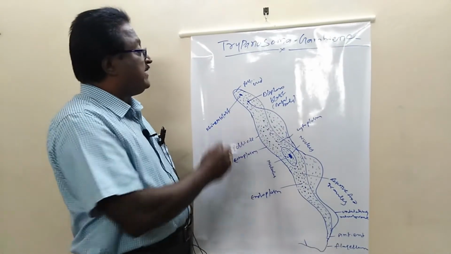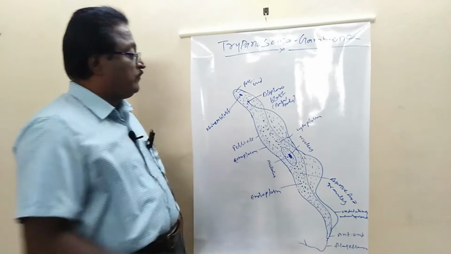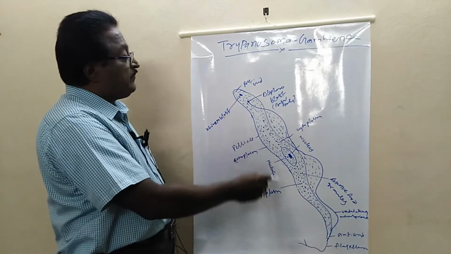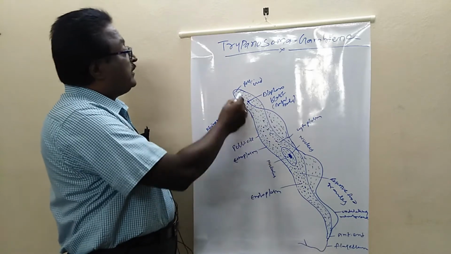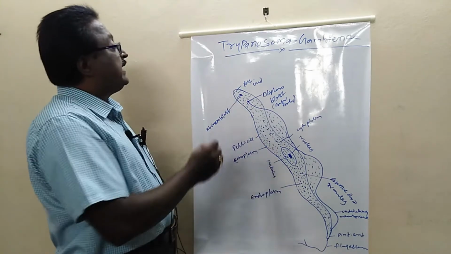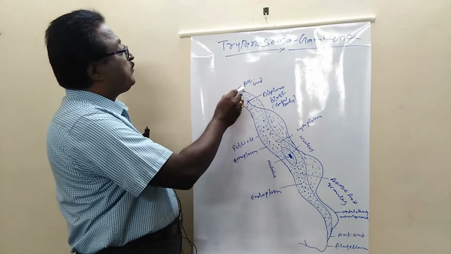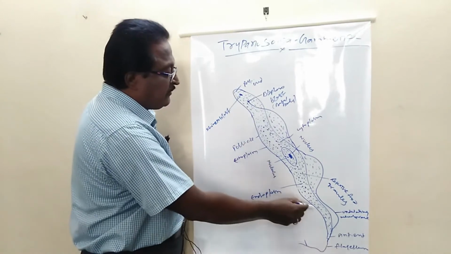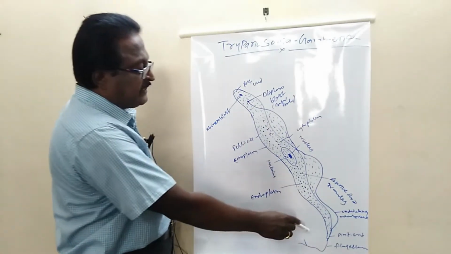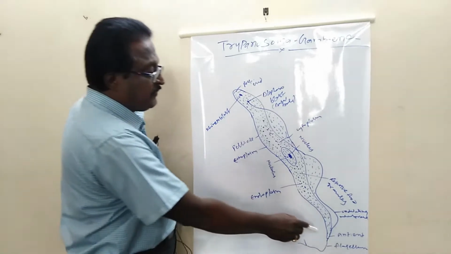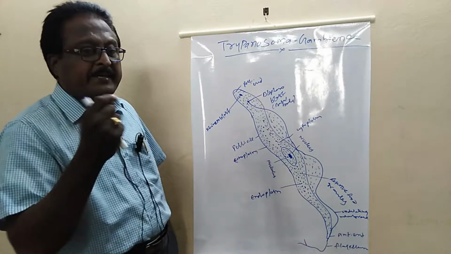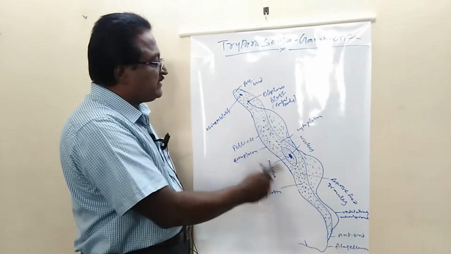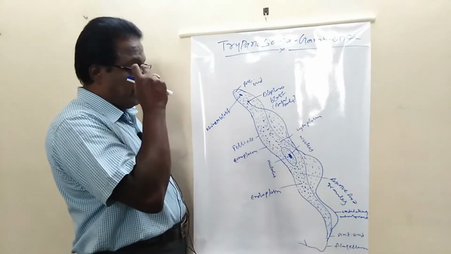So when we see on the whiteboard, it is elongated antero-posteriorly. The posterior side is somewhat blunt, and the anterior end is somewhat pointed, and it is a leaf-like structure.